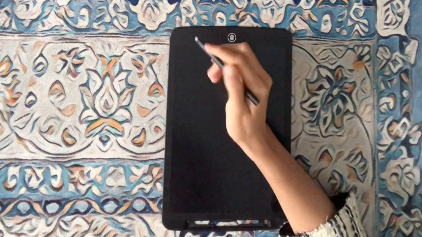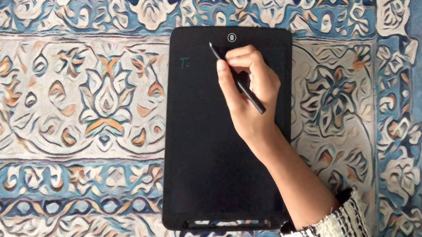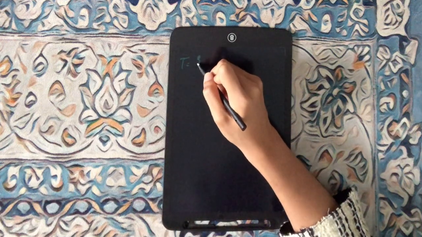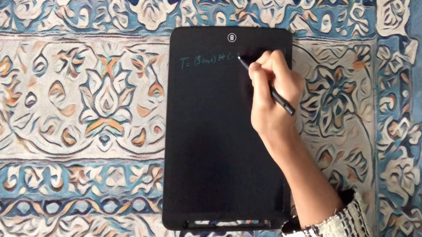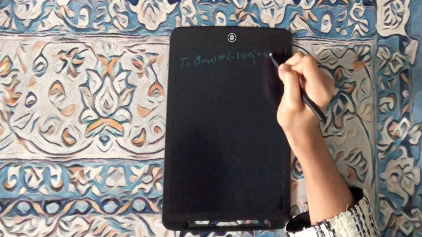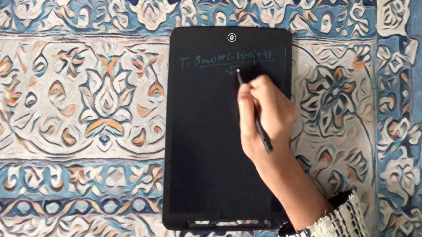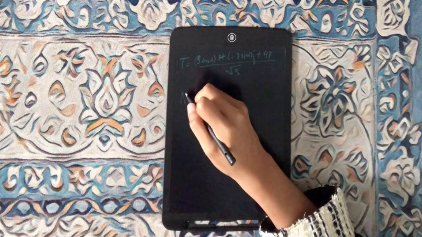So your T equation is equal to 3 cos t i minus 3 sin t j plus 4k, over 5. Okay, settled for T.